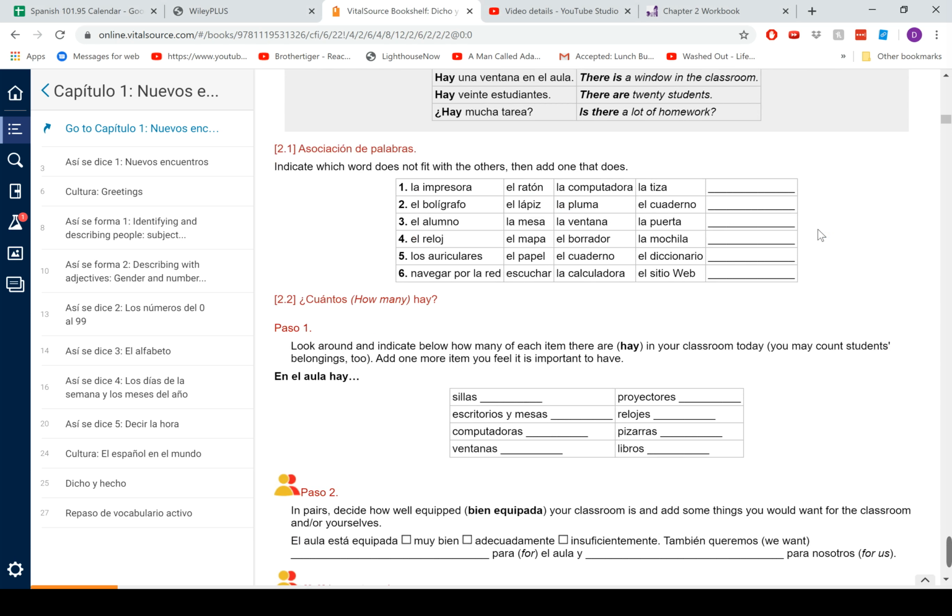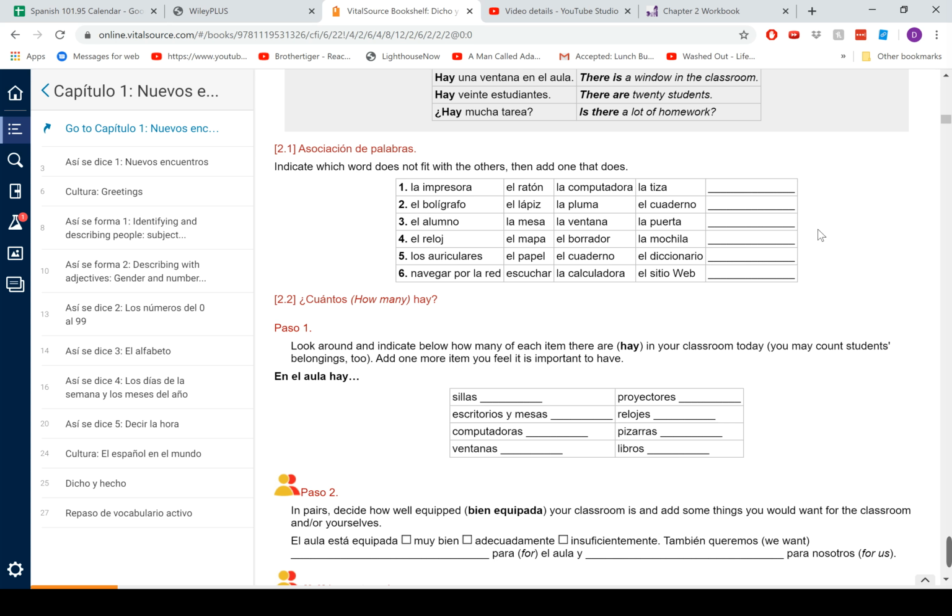Muy bien. So number one, what doesn't fit? La tiza does not fit. And one thing that does, you can go ahead with that. Número dos. El cuaderno. The rest are writing instruments, right? El cuaderno no cabe.